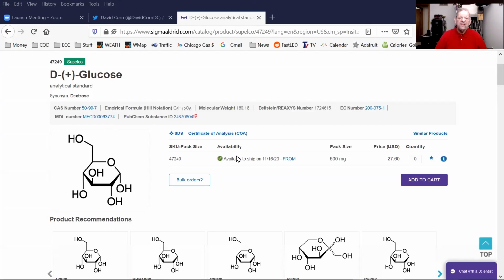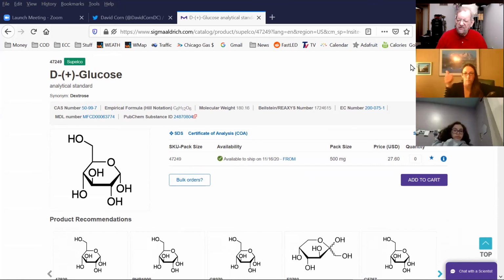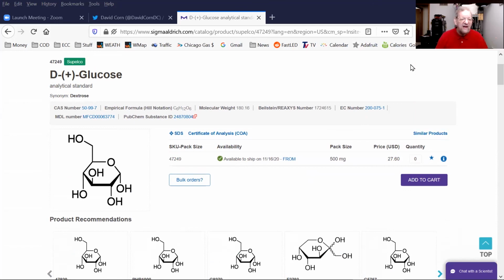There we go. If we go back to Aldrich, notice it says D. Everybody see D-glucose on the screen? Thank you. You'll see D tells you the hydroxyl group is on the right. Then you'll see plus, and it tells you it rotates plane polarized light to the right. And then glucose, the structure.